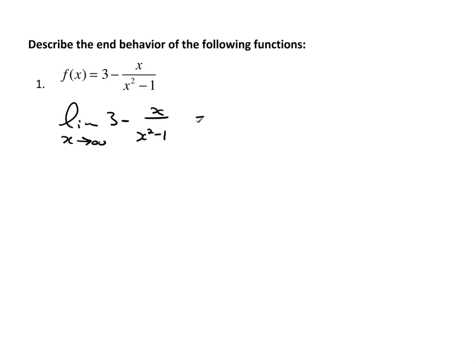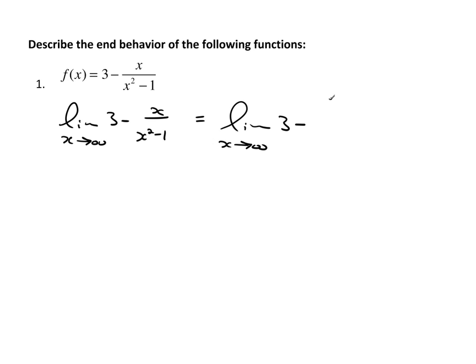Now, this is equal to the limit as x goes to infinity of... I need to figure out what I'm going to do here. What I'm going to do is divide the numerator and denominator by x squared, the biggest part in the denominator here.